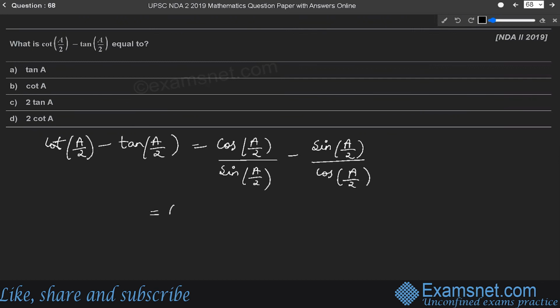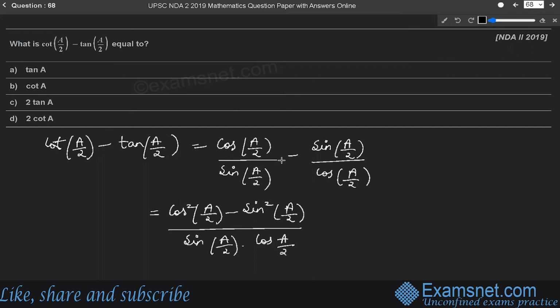So this will be equal to cos square A by 2 minus sin square A by 2 divided by sin A by 2 into cos A by 2. We have taken LCM here.